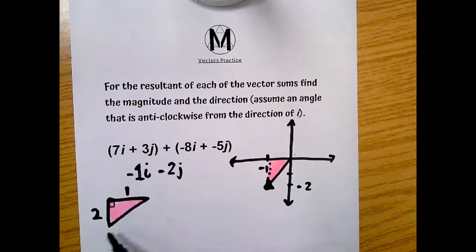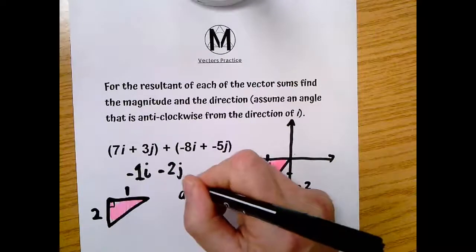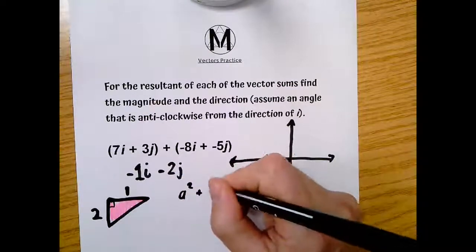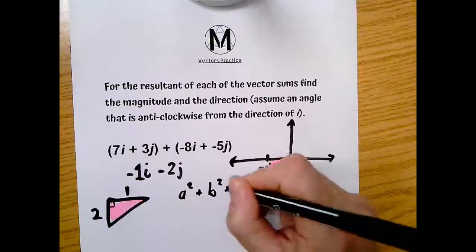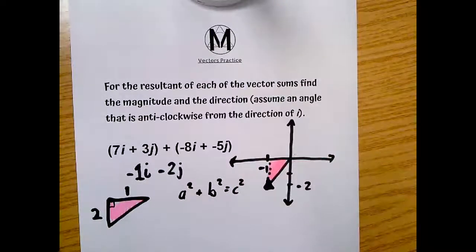So we're just trying to find this hypotenuse of our triangle, and the way we find that hypotenuse is just by using the Pythagorean Theorem, which is just a squared plus b squared is c squared. There we go.